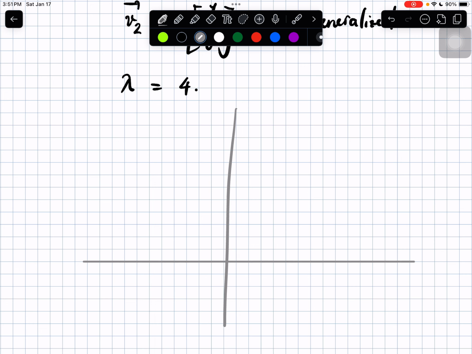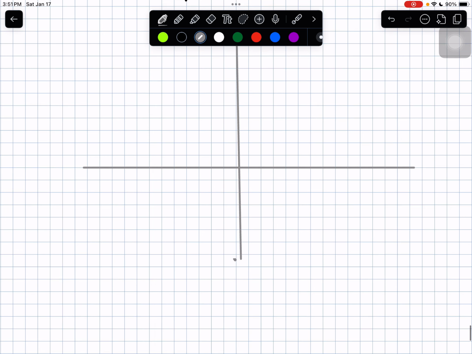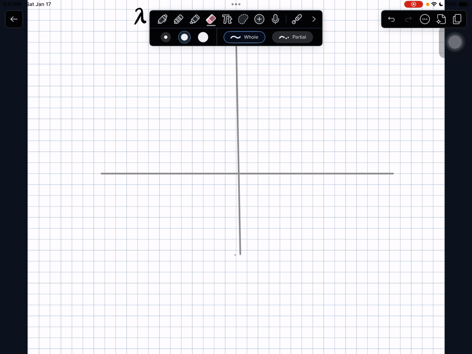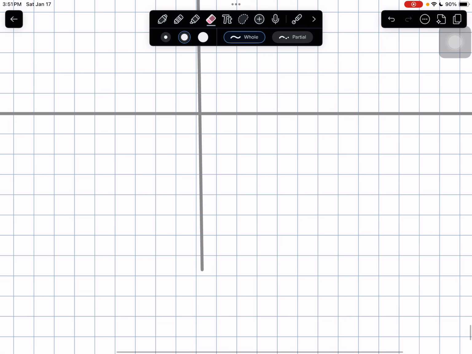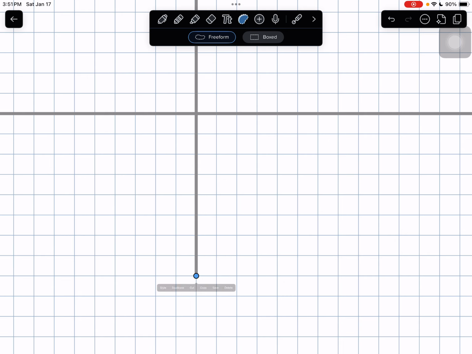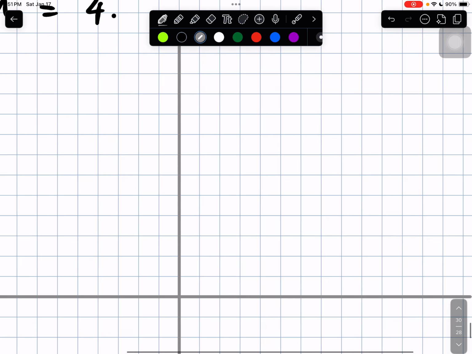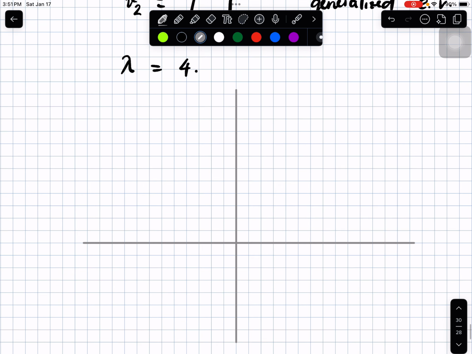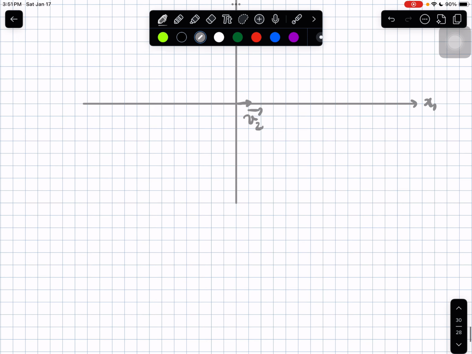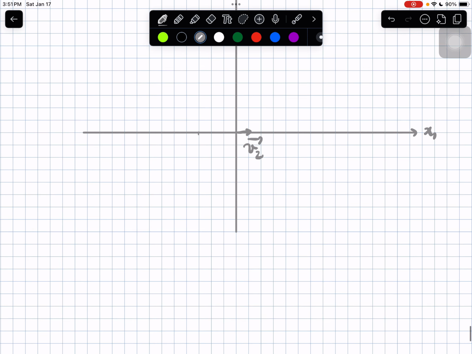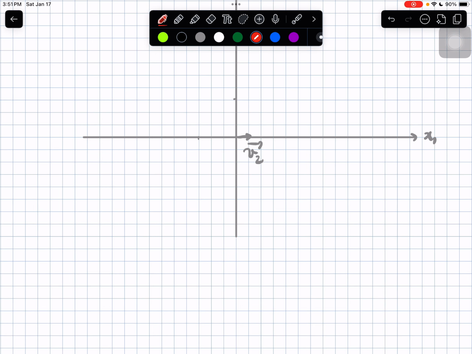V1 is (-3, 3), which gives us this line.